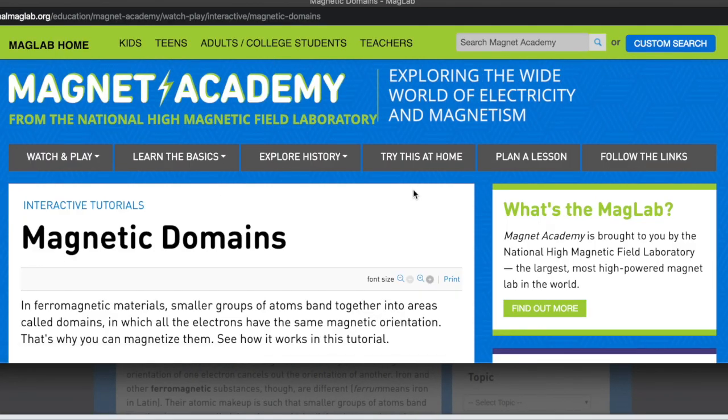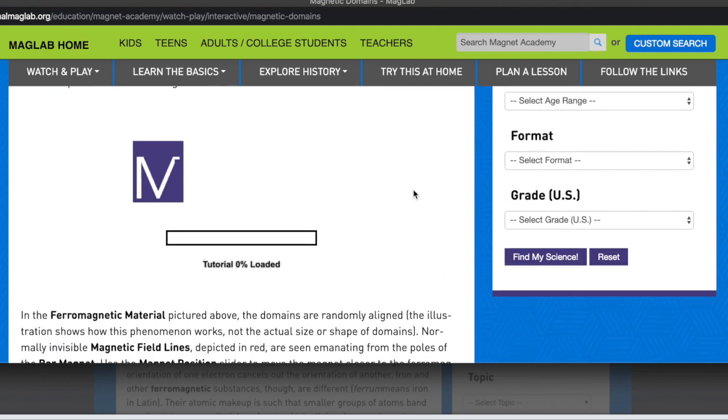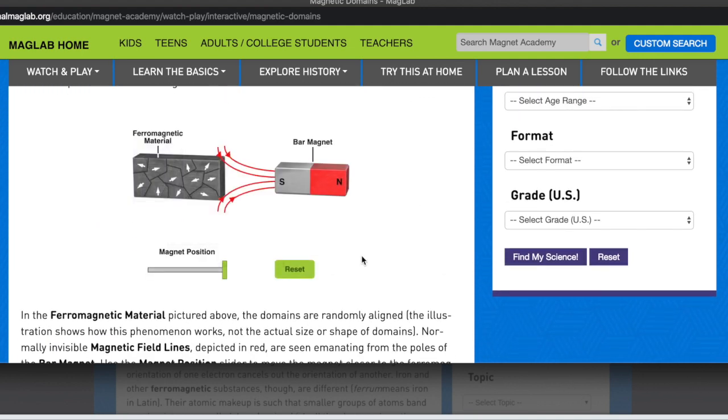Alrighty, so if you take a look at this web app from MagLab, you can see what happens when you take a bar magnet and approach a ferromagnetic material. We have our South Pole here, our North Pole here, and just a piece of iron here.